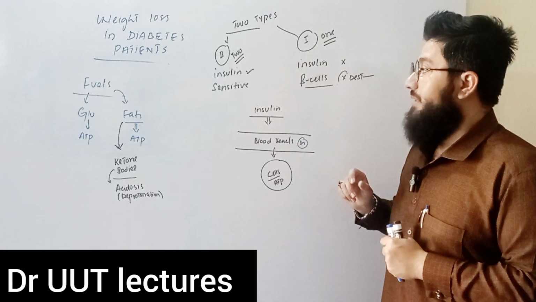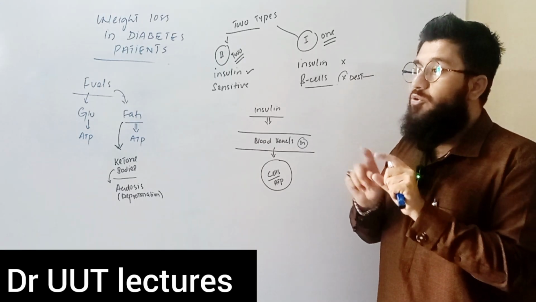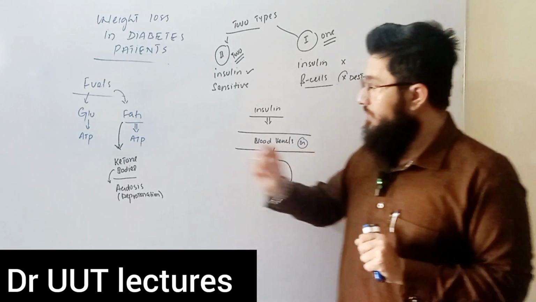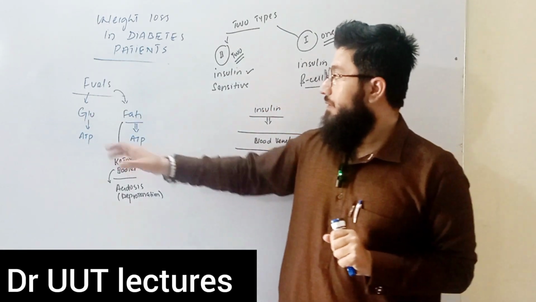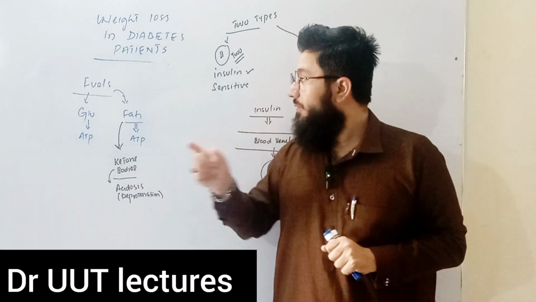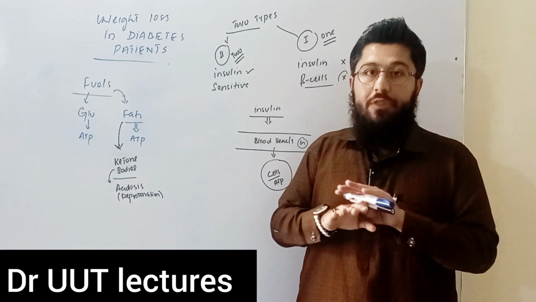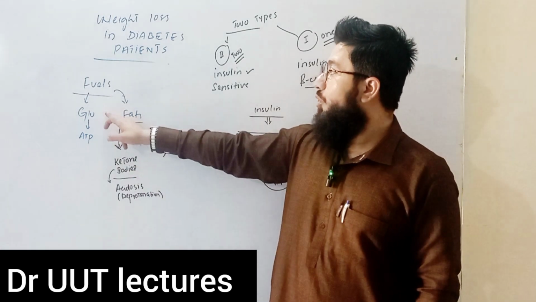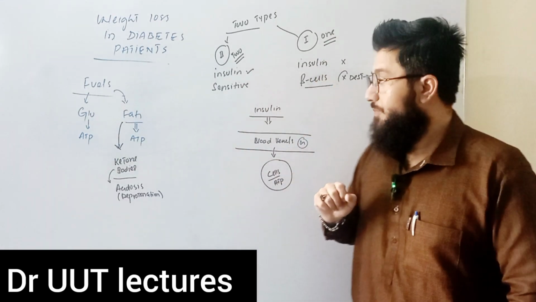So now, what happens when the job of insulin is not accomplished? I mean, in short, when insulin is not performing its job, the happening is actually simple. We use two types of fuels. Number one is glucose. Number two is fats. Normally, in normal individuals, the glucose is metabolized to synthesize ATP, that is energy.